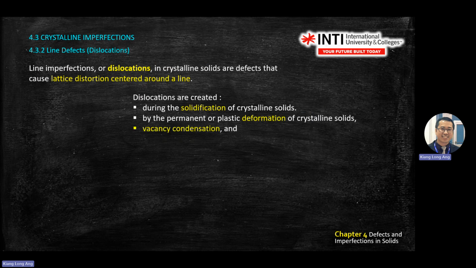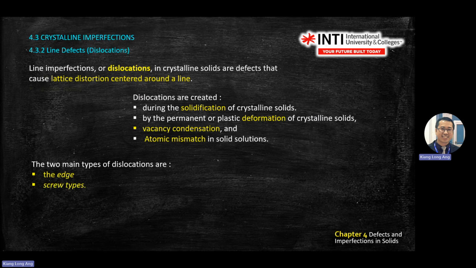Another one is called line dislocation. Just now was a point, right? Point means one dot like that. How do you form a line? You form it by dots, right? So if you have one row of point defects, it becomes a line already.